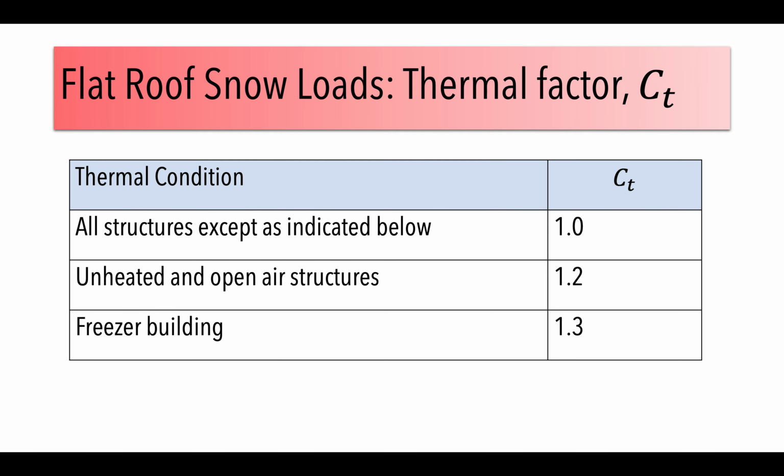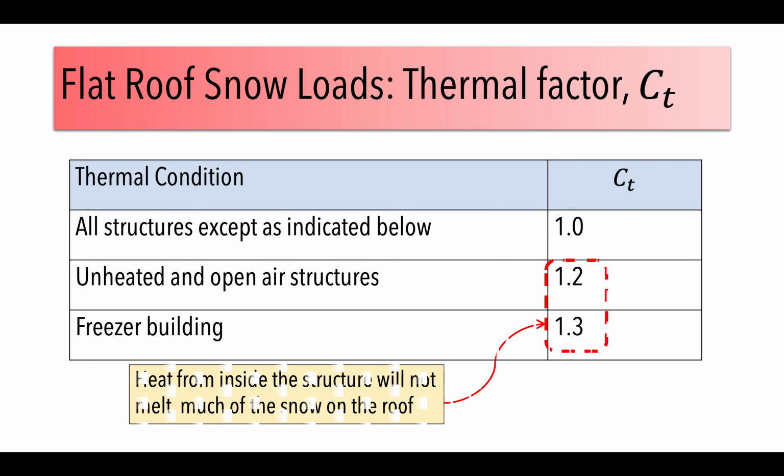Next, we have the thermal factors, and of course it also depends on the temperature of the building. So here 1.2 and 1.3, these are higher than the rest, and it simply means that the heat from your structure will not melt much of the snow. So if you are designing a freezer building, of course the snow on the roof is not going to melt as much as when you are in an area with higher temperatures.